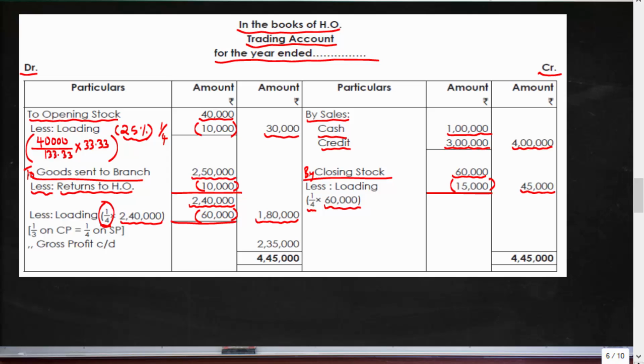Now we'll do the totaling. The credit side is higher, and it works out to 4,45,000. We compare with the items on debit: the opening stock and the goods sent to branch at cost. The difference gives you the profit. You get the profit as 2,35,000. So we simply say to gross profit carried down, it is 2,35,000.